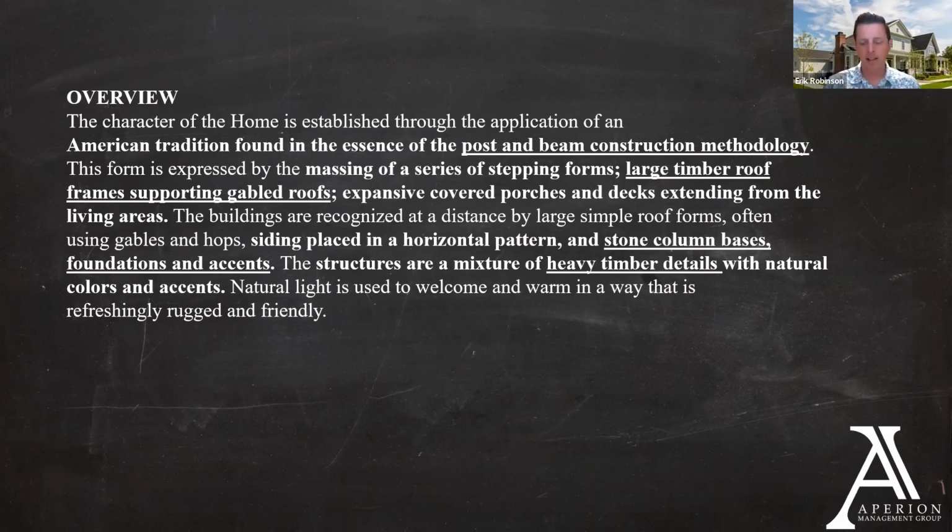So it's a fine line to walk. But I feel like that's an example of good language that's still got some flexibility in there, but also gives someone reading these guidelines a really clear picture of what these homes need to look like.